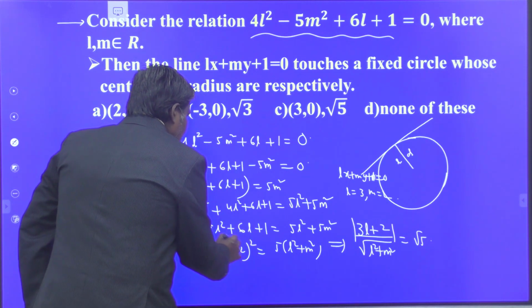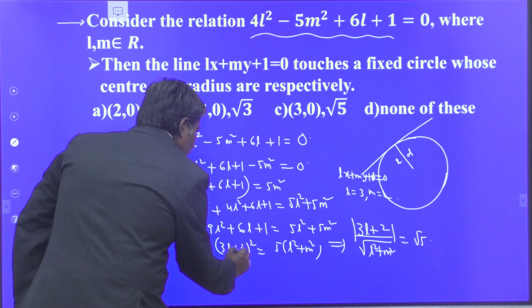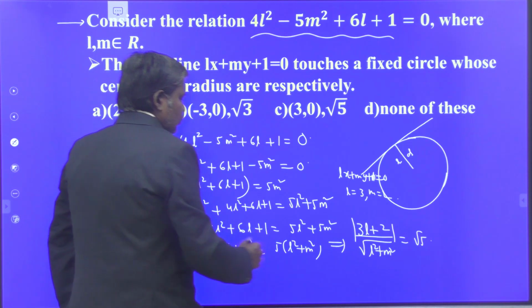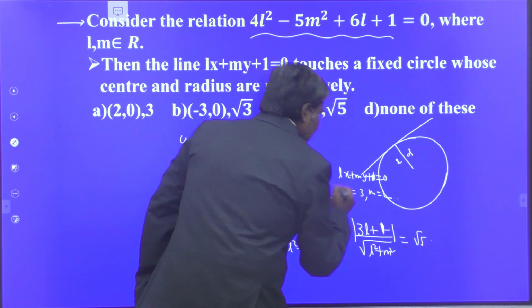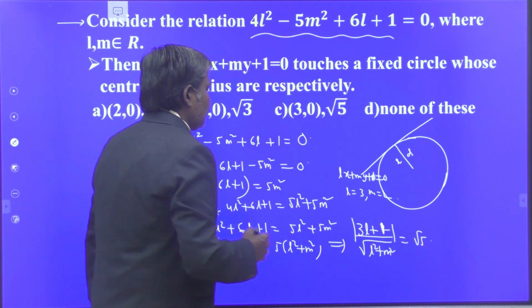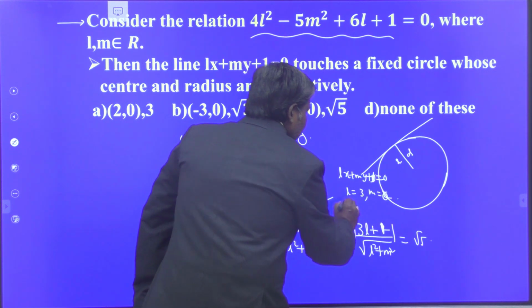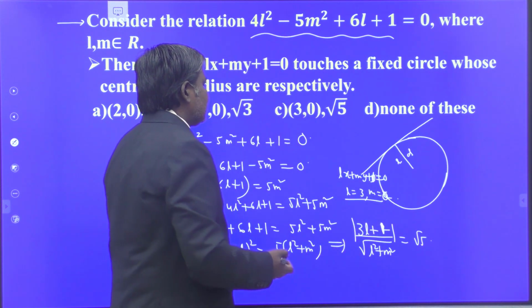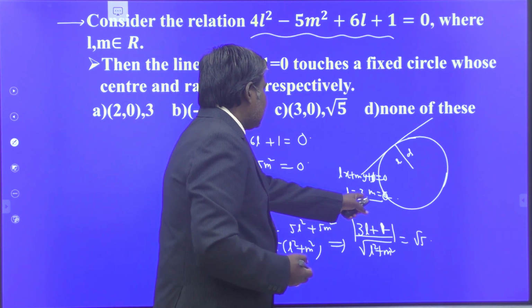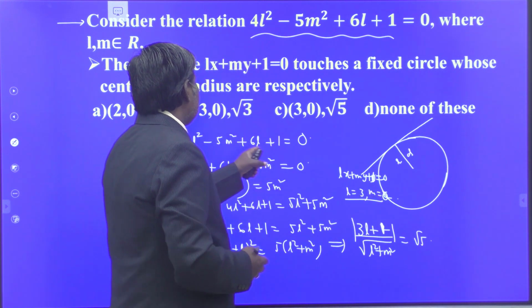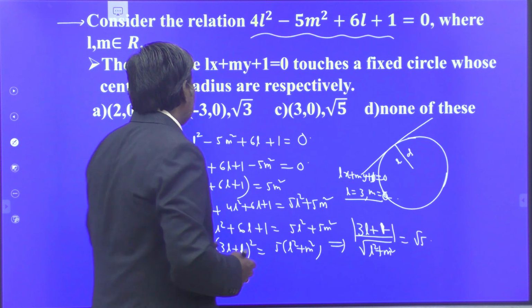This is not 3L plus 2, this is 3L plus 1, I think so. This is nothing but 3L plus 1 by root of L square plus M square. For M equal to 0 and this is 1 itself. So if you take the point as 3, 0, that is, L is 3, M is equal to 0.